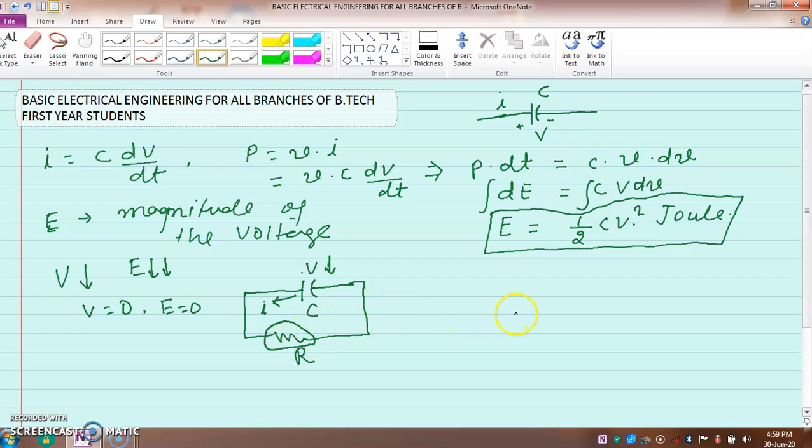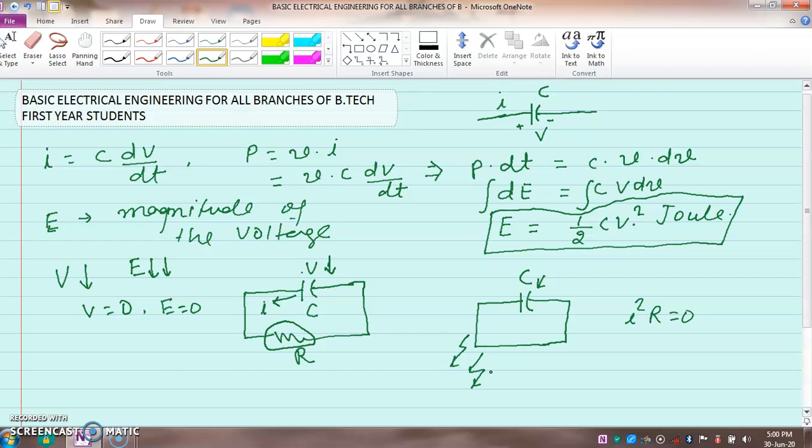And suppose someone connects this capacitor with a wire having 0 resistance, what will happen to this energy? Because if the resistance is 0, then I square R will be 0. So where will this energy go? In this case you can say the energy available here will be radiated in another form of energy, like electromagnetic radiation, into the outside atmosphere.